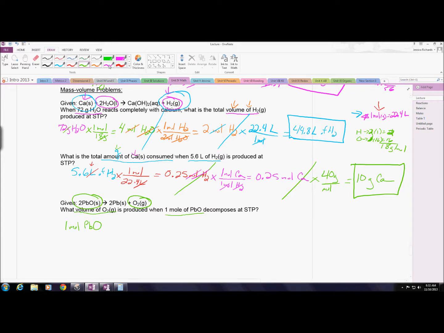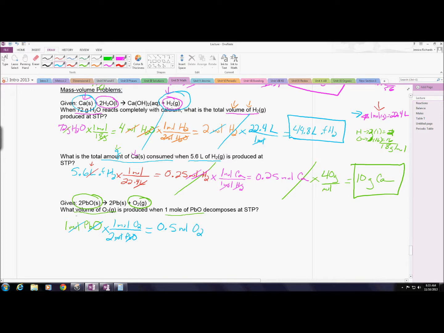And yay, this time we actually are in moles, so we can go directly to the equation. My equation says for every 2 moles of lead oxide, I create 1 mole of oxygen. The moles of lead oxide cancel, and 1 divided by 2 means I will make 0.5 moles of oxygen.